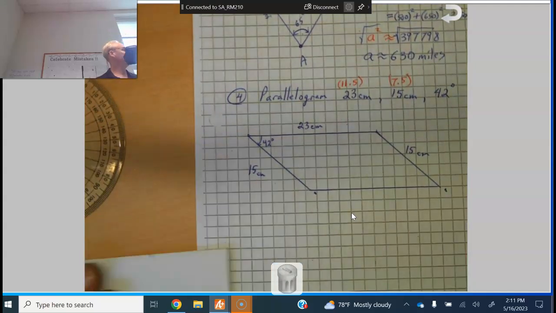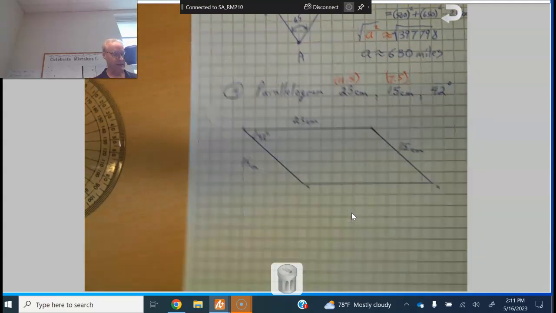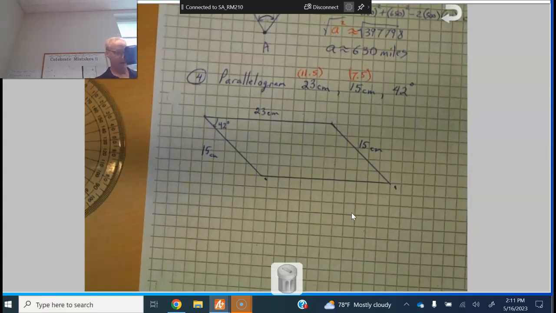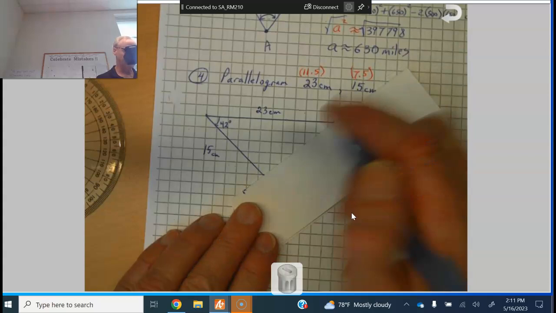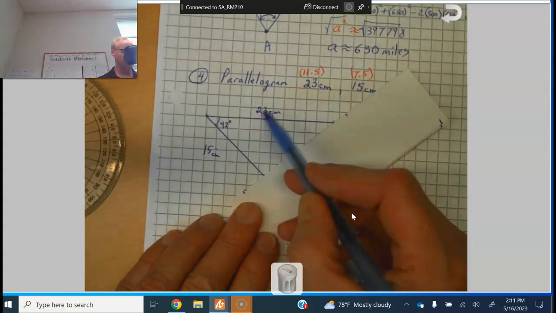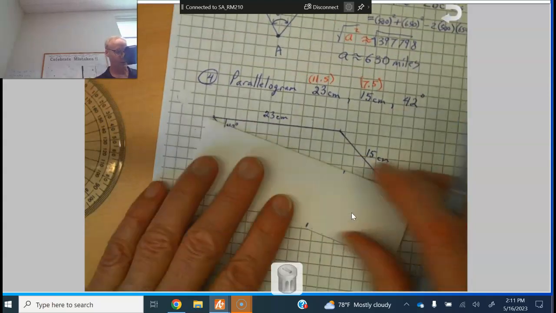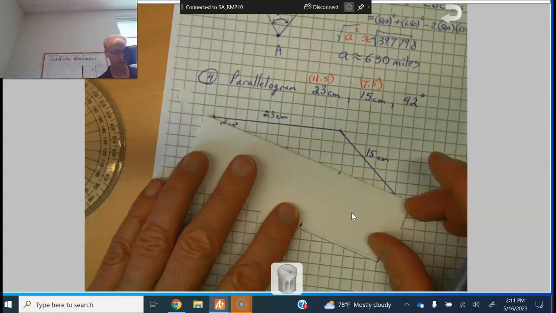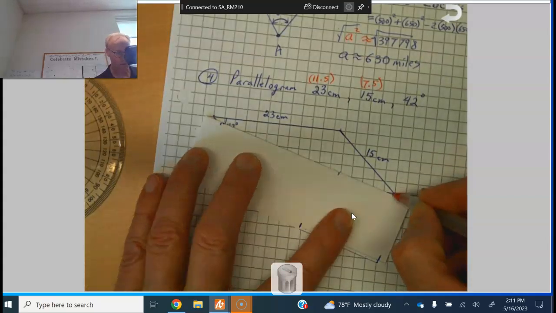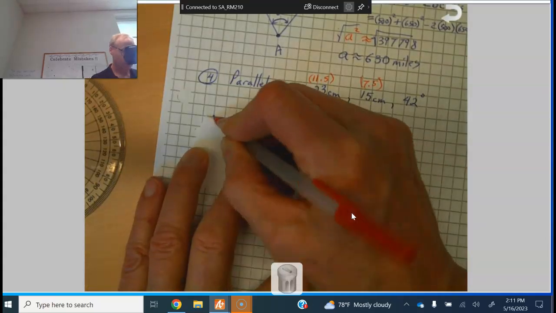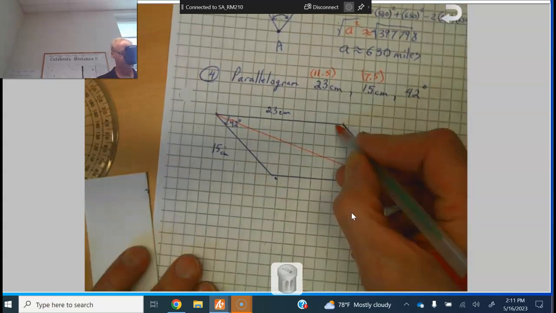And what they asked me for was the length of the longest diagonal. Now, if I wanted the short diagonal, it would be real easy. I could use this side, this angle, and this side and do law of cosines. They actually want me to find this distance over here, though. They're looking for the long diagonal. And it's across from this angle.